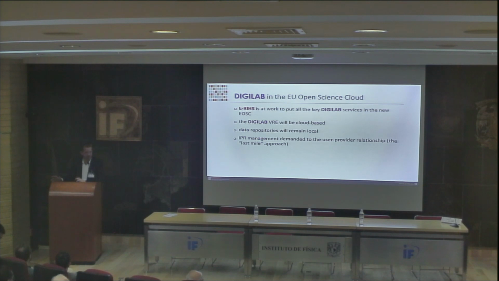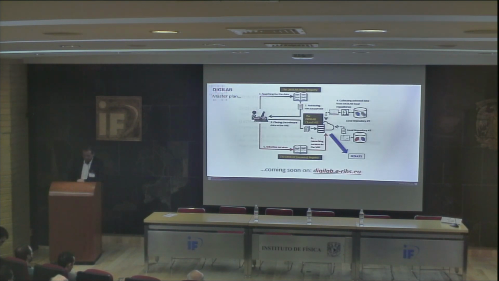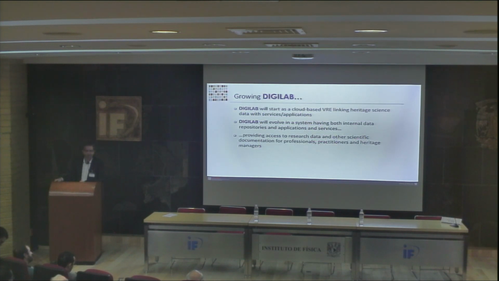So you see the complexity of this system which needs to be created, but for the future and for using the digital means to do research, there's no way out of this approach. So in the beginning, Digilab will just be a registry of data and a registry of tools, a matchmaking between the tools that you can use and the data and where you can find the data.